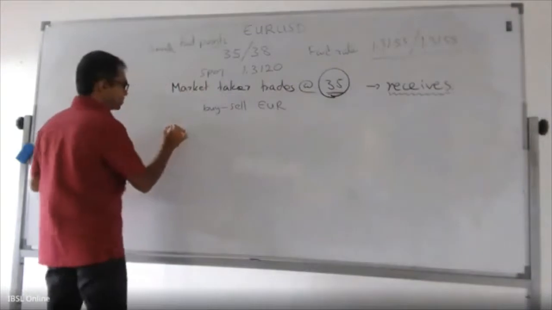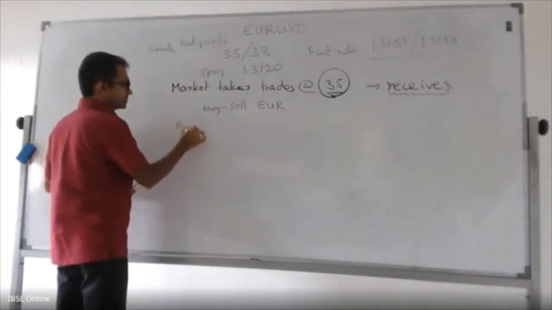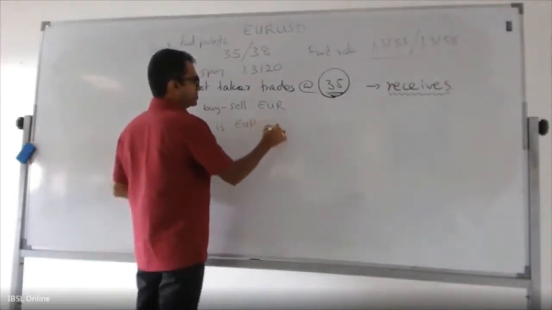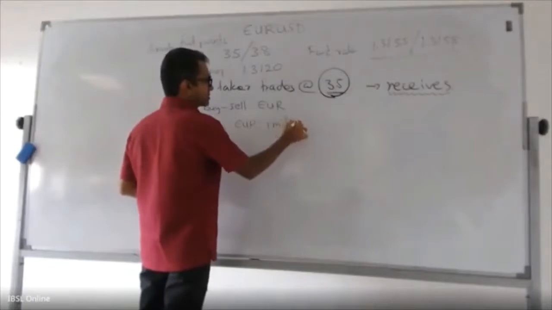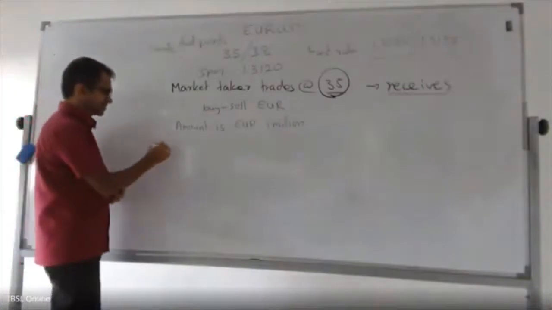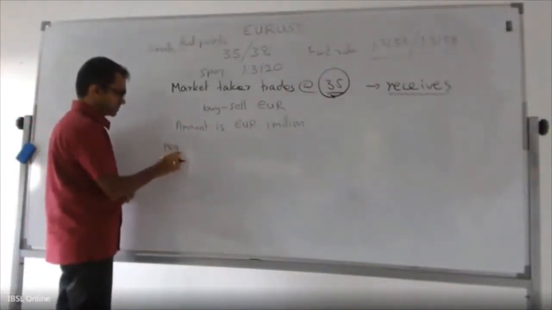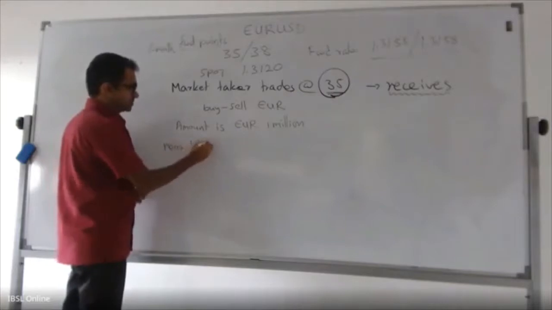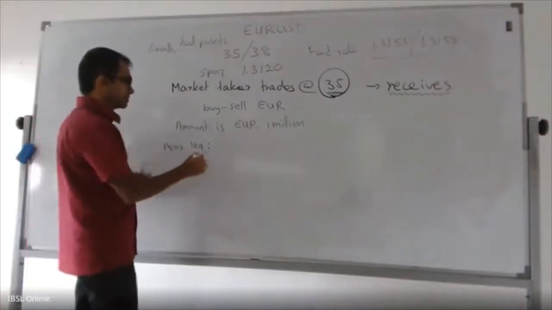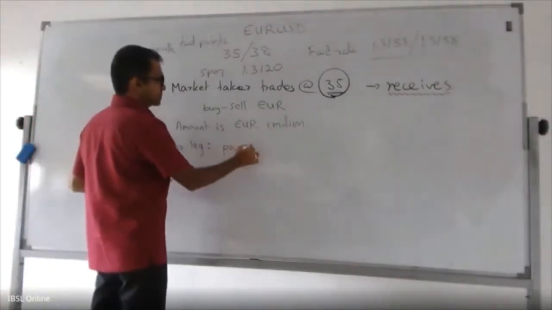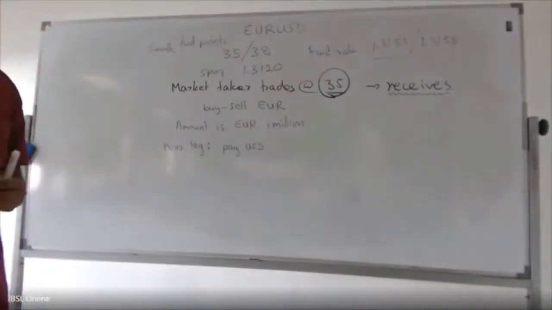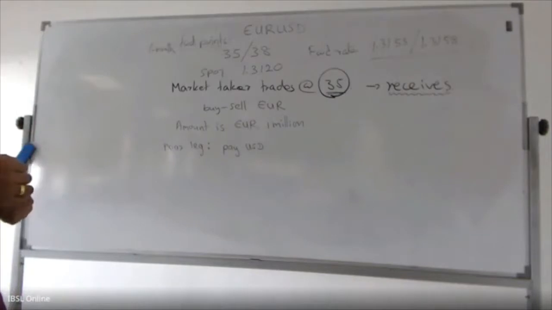Assume the amount is euro 1 million. Near leg: how many dollars do you pay? To buy euro 1 million, you pay how many dollars?